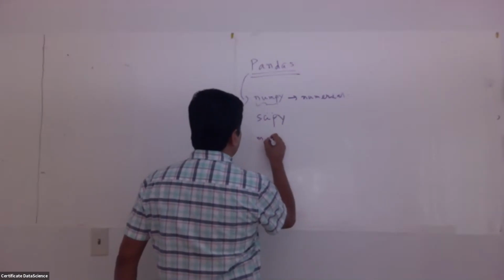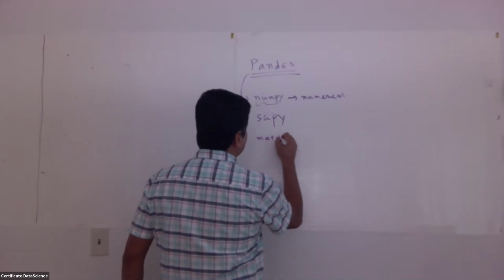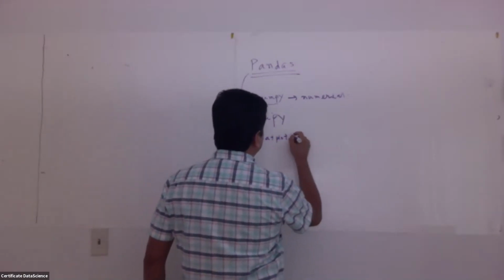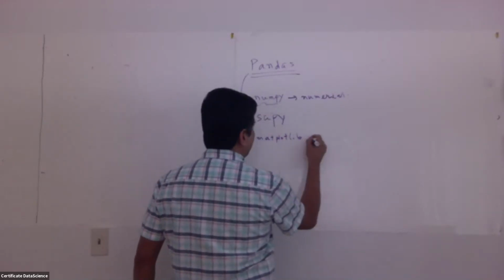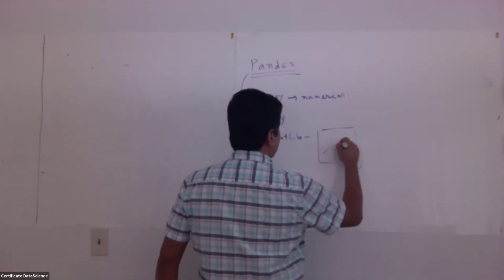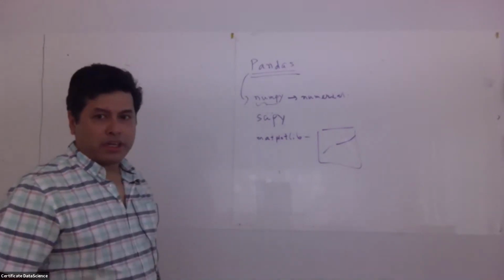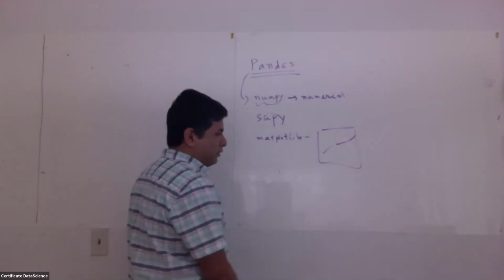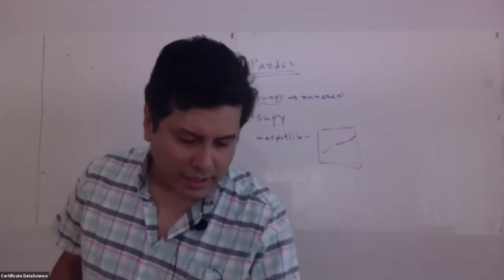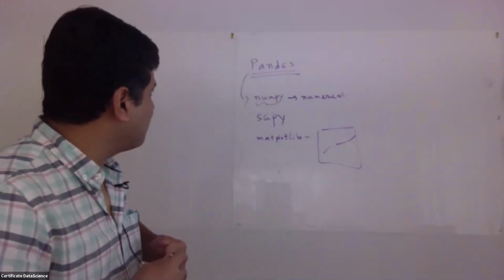We have been doing matplotlib. Matplotlib is for plotting, plots and analytics, visuals. We are already beginning to use Jupyter Notebook, which is great. So today we are going to focus on pandas.